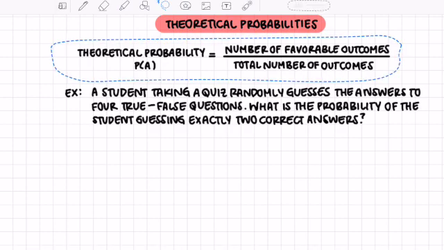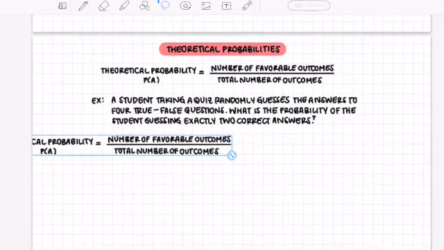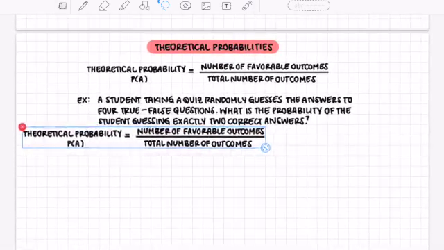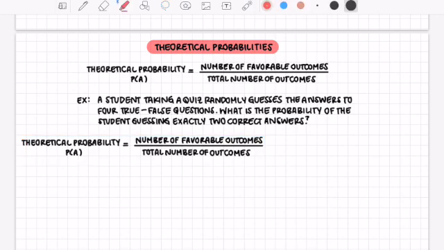I'm going to take my formula, because that's what I'm going to be using to find out my answer here, and I am going to write it down here, just so that we have it. Okay, so again, we said that a student taking a quiz randomly guesses the answers to 4 true or false questions. So that would be our outcomes.